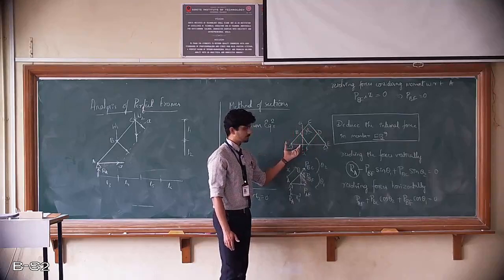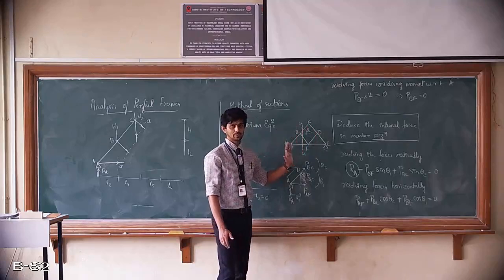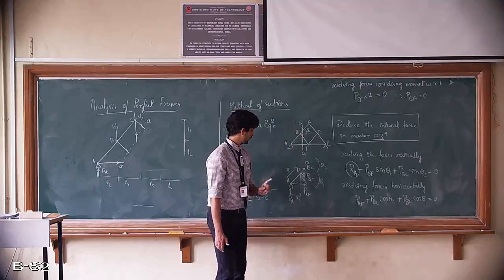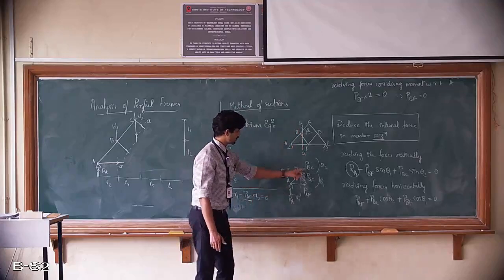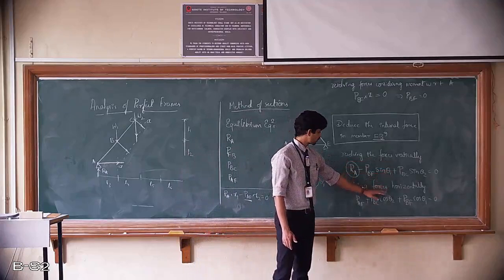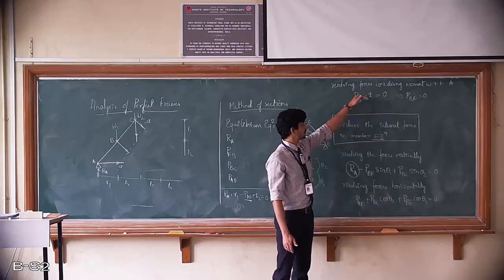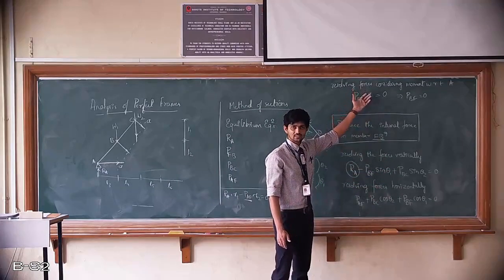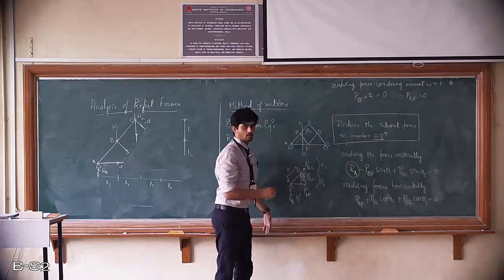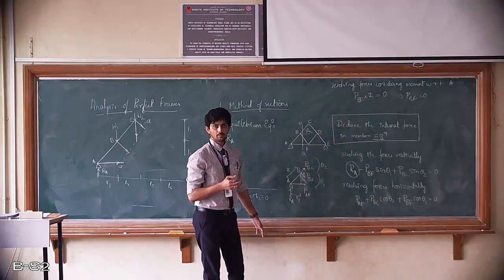We will resolve that structure using basic equilibrium equations, considering the complete section, not just a joint. So once we resolve forces vertically or horizontally, and then consider a moment equation if necessary, we can find the internal force acting at that particular member.